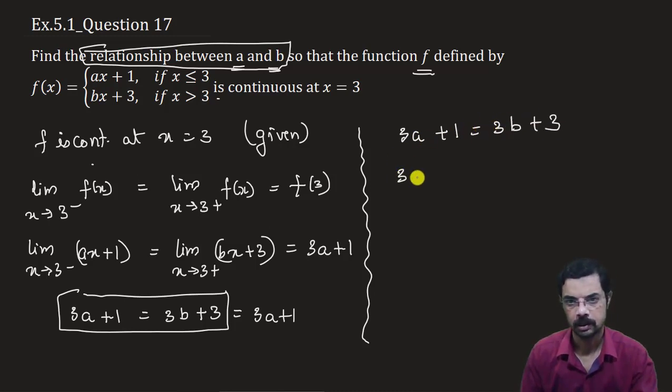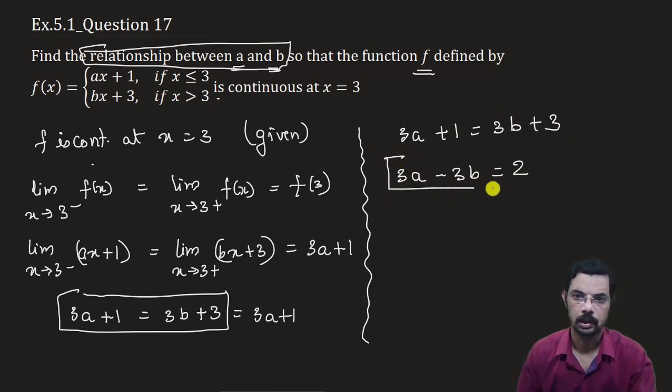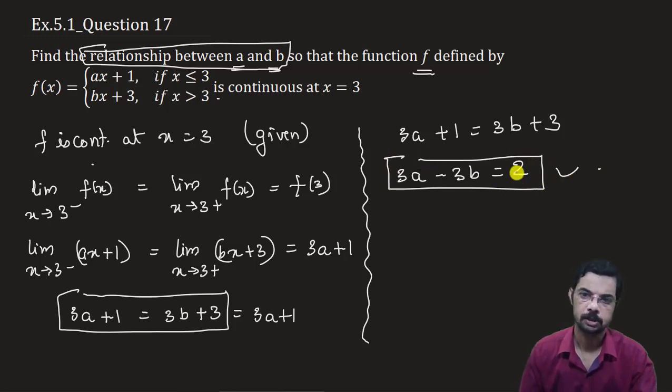It can be written as 3a minus 3b is equal to 3 minus 1, that is equal to 2. So 3a minus 3b equal to 2 is the relationship between a and b, or a minus b equal to 2 by 3, whichever way. This is the linear expression which represents the relationship between a and b.